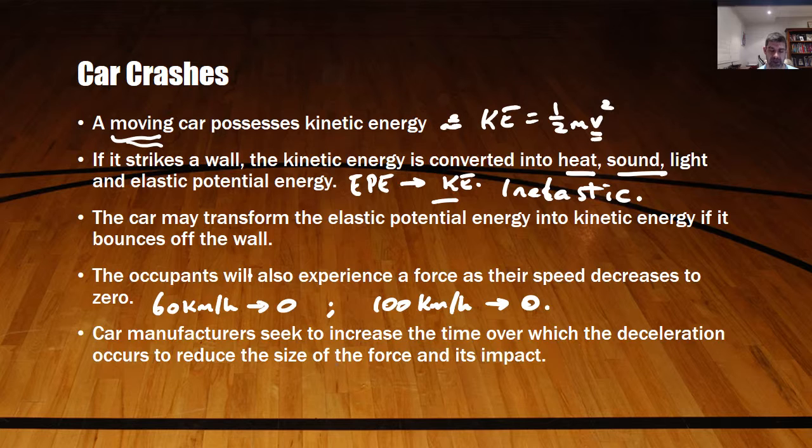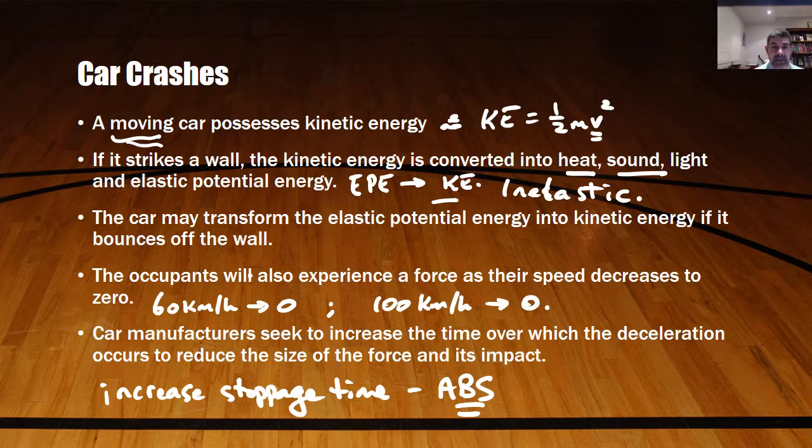So what we want to try and do is seek to do two things effectively, is to spread that force over a longer distance, so we increase stoppage time, and say the ABS braking system is one of the ways of doing that.